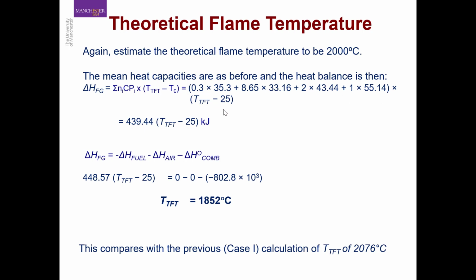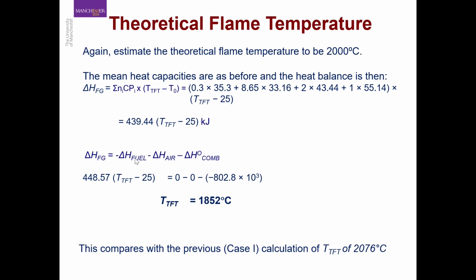So if you plug these values for other parameters, you get the enthalpy of flue gas that is given by this equation here. And then we perform an overall energy balance, and we know from this equation that the enthalpy of flue gas should be equal to the enthalpy of the fuel, air, and standard heat of combustion.